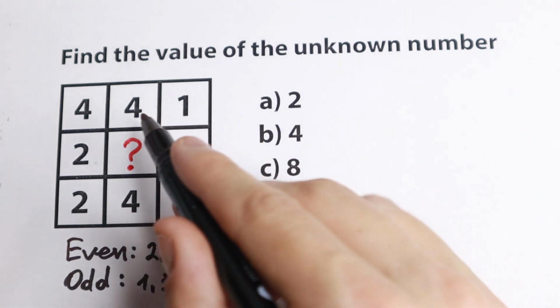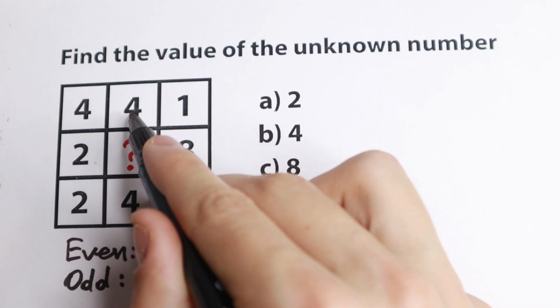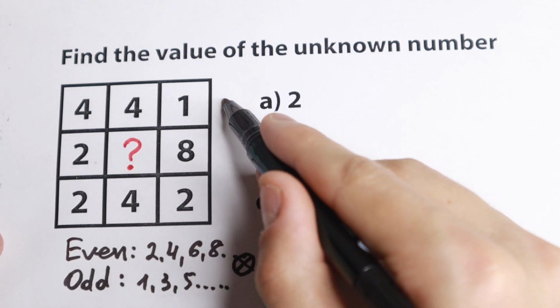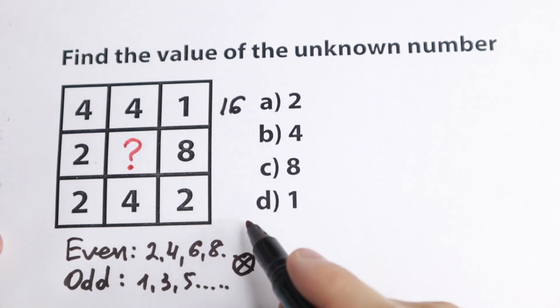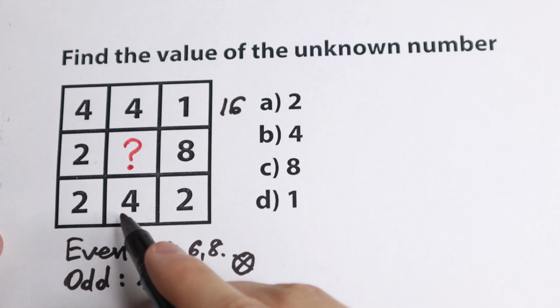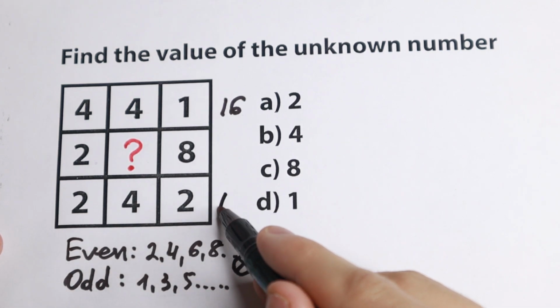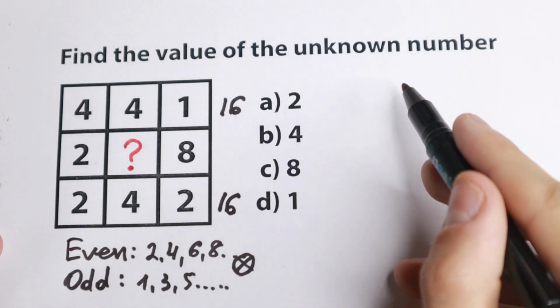If we multiply the first row, if we multiply 4 by 4 by 1, what do we have as a result? We have 16. Right here, if we multiply 2 by 4 by 2, 2 times 4 is 8, 8 times 2, we have 16 as well. So it looks like we are finding our pattern step by step.